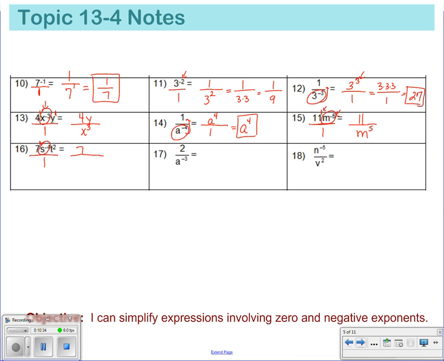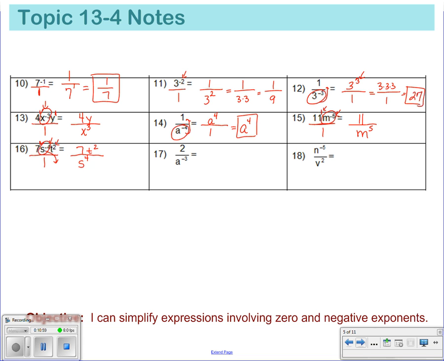It doesn't move. S is raised to negative 4. That means it needs to move on down. So the s comes down, stays an s, but the exponent now becomes positive. Last, I have a t. It's being raised to a positive 2, so it doesn't move. It stays up on top. My answer is 7t squared, all of that over s to the 4th power.